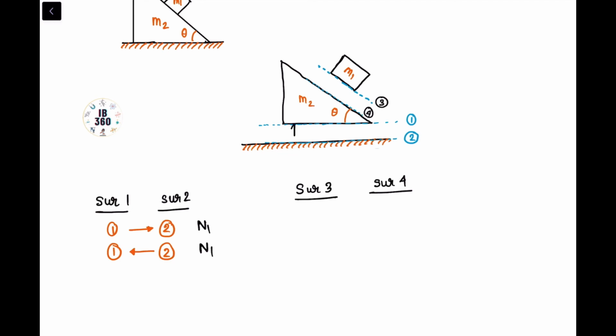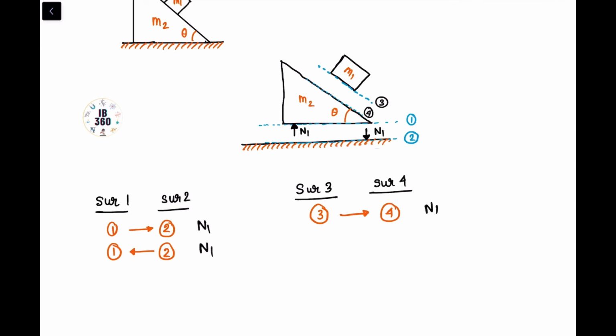Over here the force will be N1, and downward also N1. Now surface 3 will exert a force towards surface 4, and the value of that force will be N1.